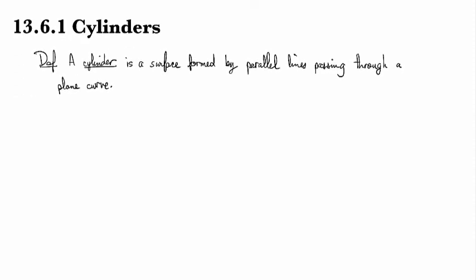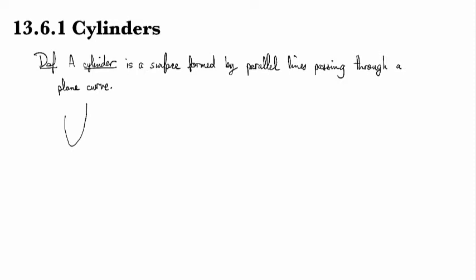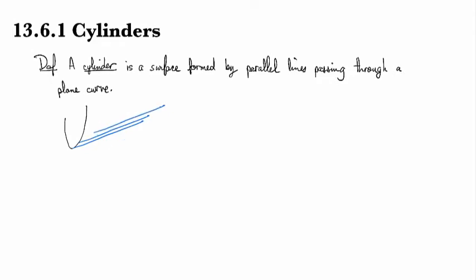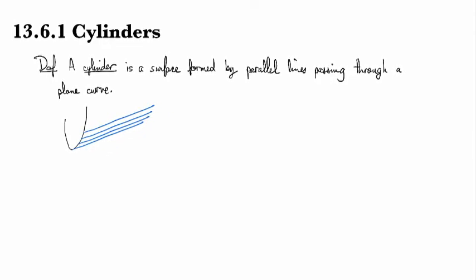So for example, maybe you have a parabola like this floating in space, and then you take a line like this one, and then you take a whole bunch of parallel copies of it and attach them to all of it, so it looks like they're passing through that plane curve there.